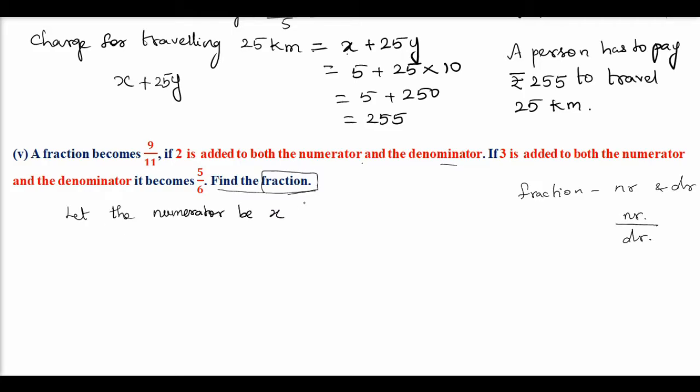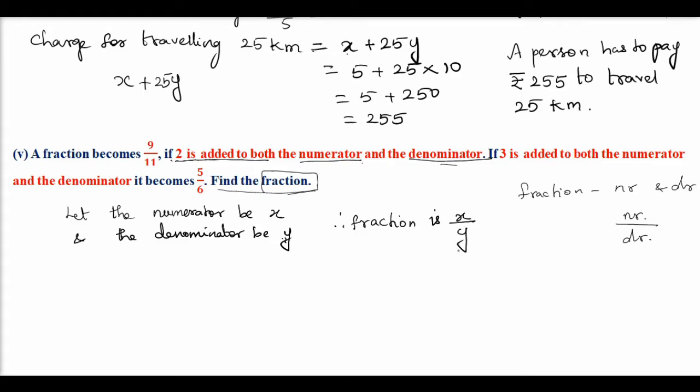So let me take the numerator as x and the denominator as y. Then the fraction is going to be x by y, isn't it? Where x is the numerator and y is the denominator. So the fraction will be x by y. Now it's given we are adding 2 to both numerator and denominator.